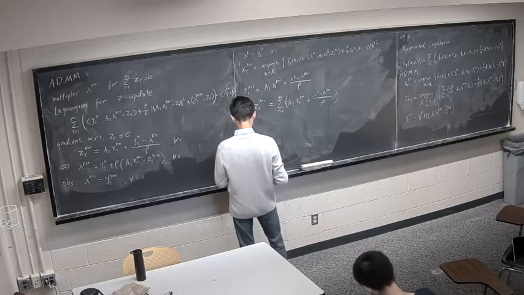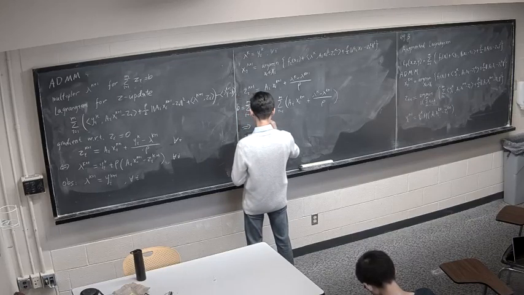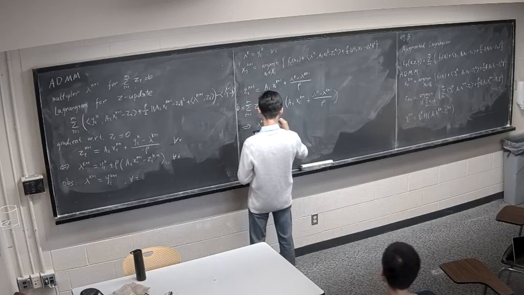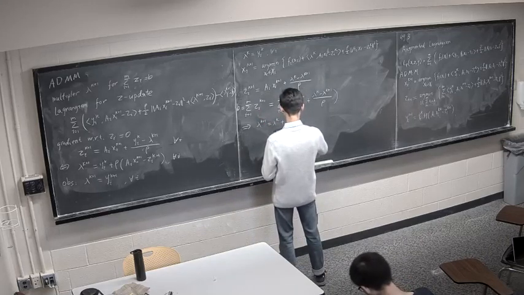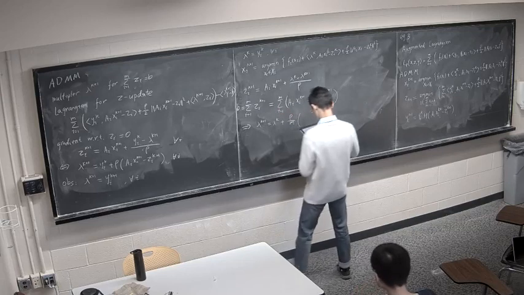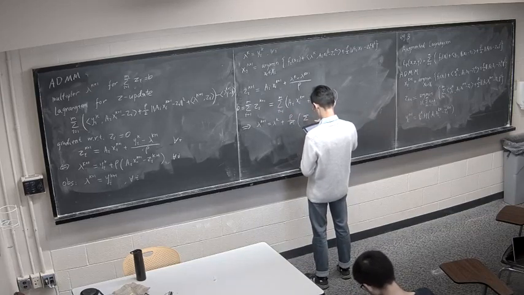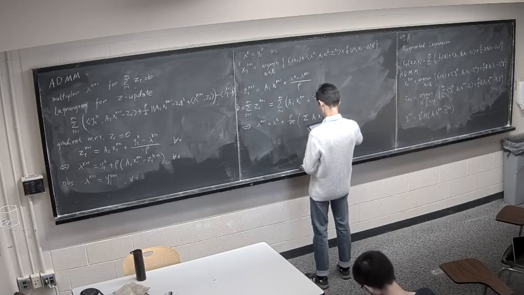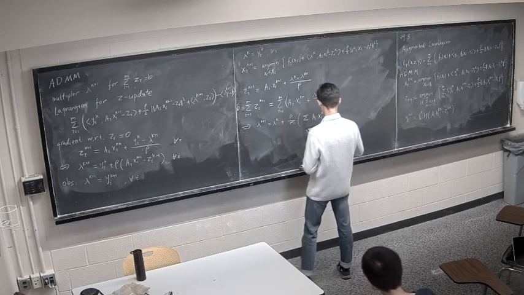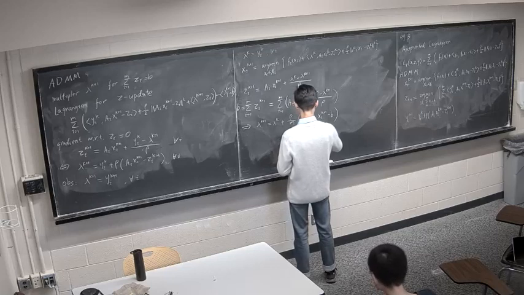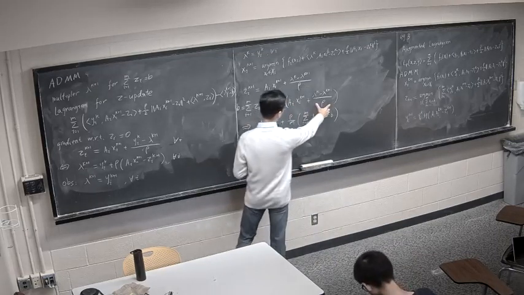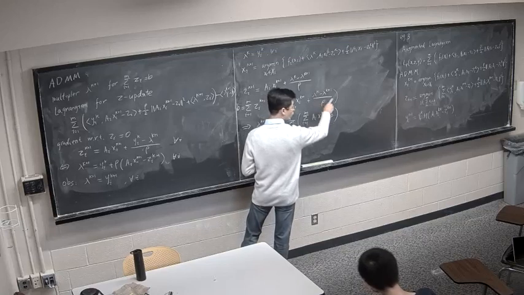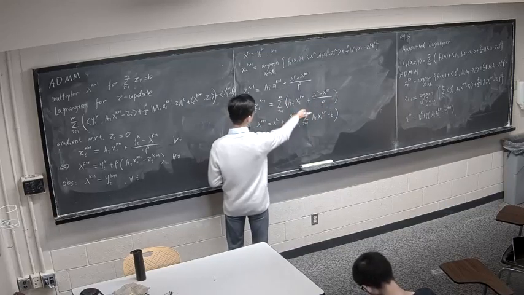So this implies lambda k plus 1 is equal to lambda k, because here we have m copies of the same quantity, so you can factor it out.